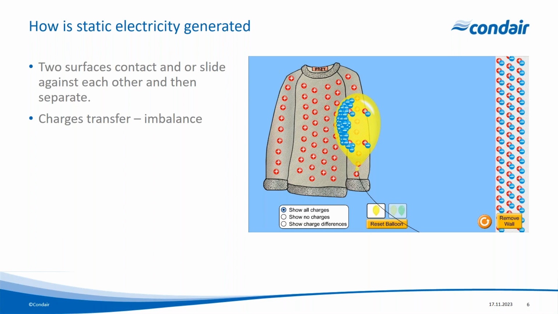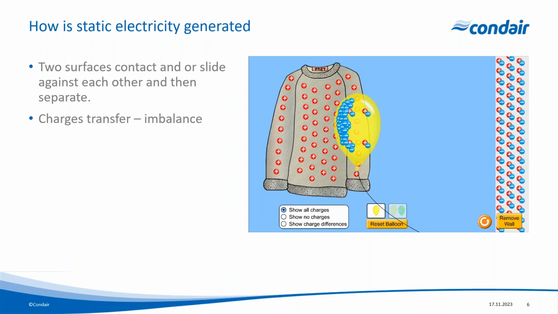So triboelectric charging involves the transfer of electrons between materials. The atoms of a material with no charge have an equal number of positive protons in the nucleus and negative electrons orbiting the nucleus. But when two materials are placed in contact and then separated, negatively charged electrons are transferred from the surface of one material to another.